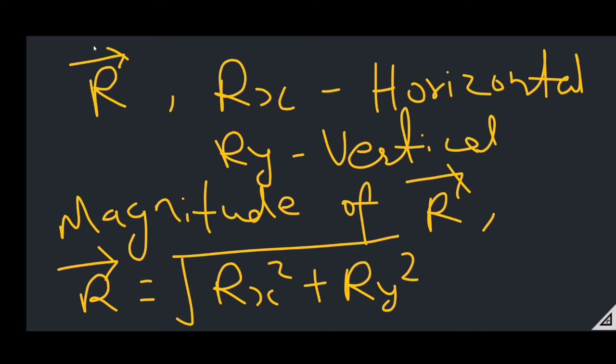So this is the formula of the magnitude of r vector, and it is written as modulus of r vector equals root under rx square plus ry square, where rx is the horizontal component and ry is the vertical component.